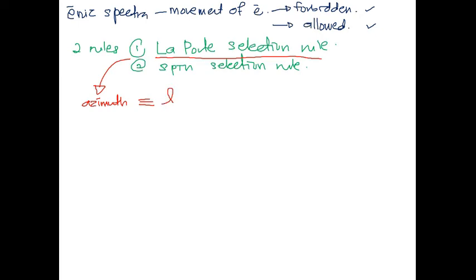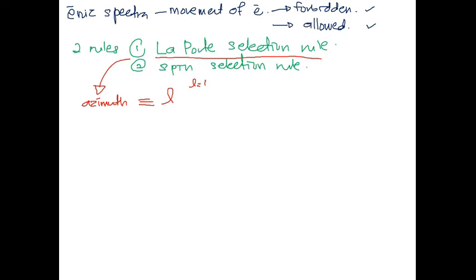Okay, so basically you have l equal to 1, okay, l equal to 2, or l equals 0. Ada. Okay. So this is what the Laporte selection rule will refer to.